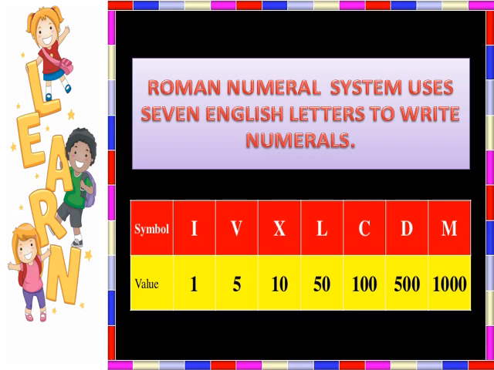It means the Roman numeral system uses 7 English letters to write numerals, which are I, V, X, L, C, D and M, where I stands for 1, V stands for 5, X stands for 10, L stands for 50, C stands for 100, D stands for 500 and M stands for 1000. So children, you have to learn all these symbols with their corresponding values.